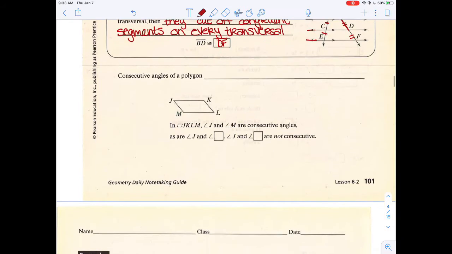Okay, then consecutive angles. Consecutive angles of a polygon share a side. And, this is important, they are supplementary.